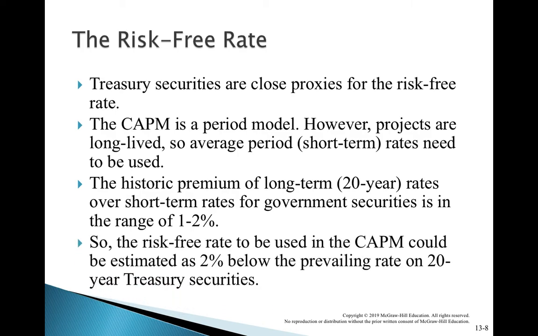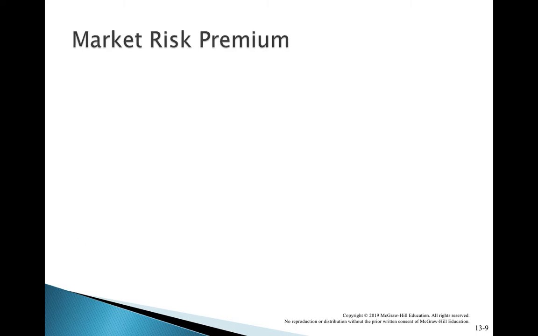Therefore, what do we do while calculating the risk-free rate? If you have the long-term treasury return, you normally deduct 2% from it to get the risk-free rate of return. Why? Because the risk-free return should be the short-term treasury instrument return. If you have the long-term treasury return available, deduct 2%, which will be equal to the short-term treasury return.